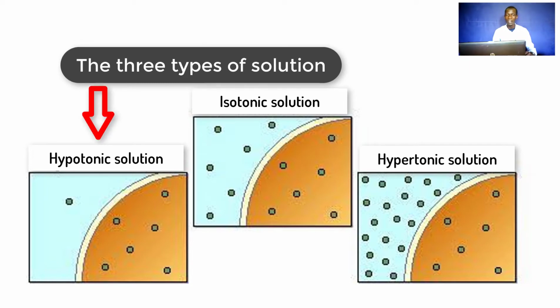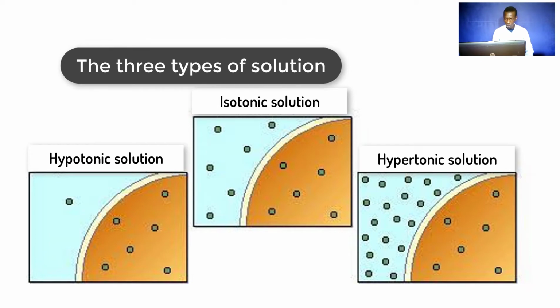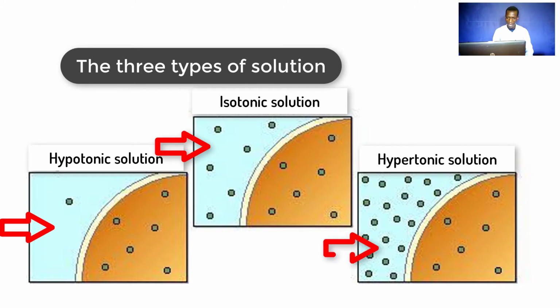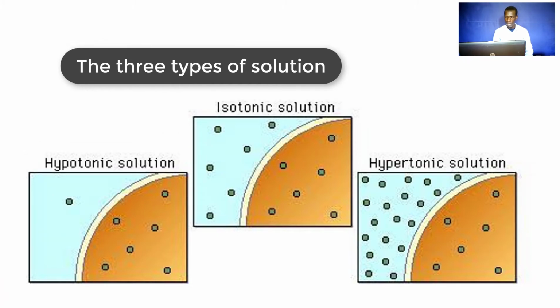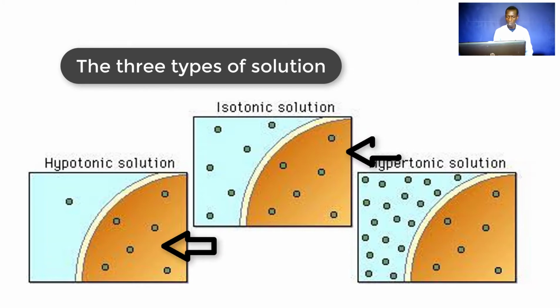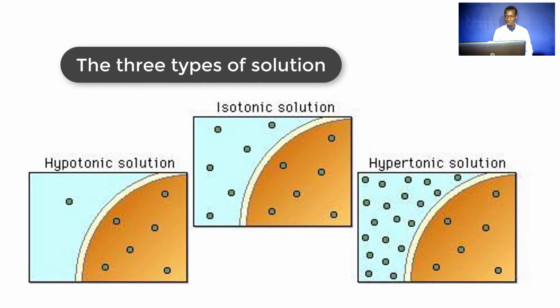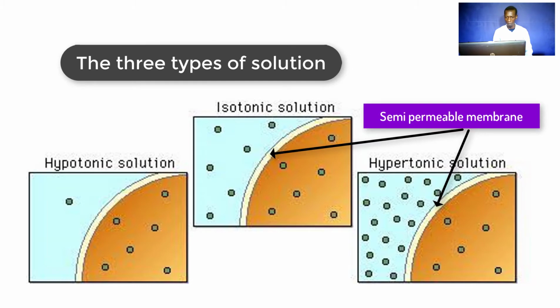This first one represents the hypotonic solution, and we are going to talk about all this with regard to this sky blue part, which represents the solution outside the cell, while this brown part represents the solution inside the cell. In between them is this white region which represents the semi-permeable membrane.